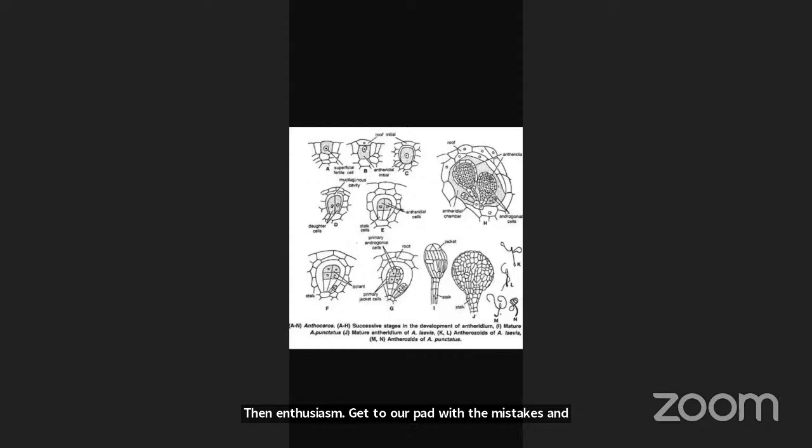This mucilage acts as an attracting tissue that attracts the anthrozoids. The anthrozoids are attracted by the mucilage, swim through the neck canal, and fuse with the egg to form the zygote.